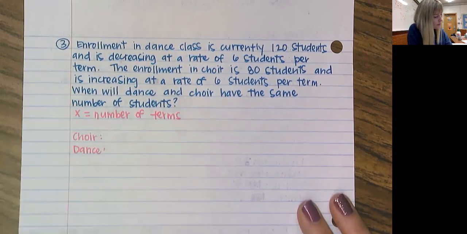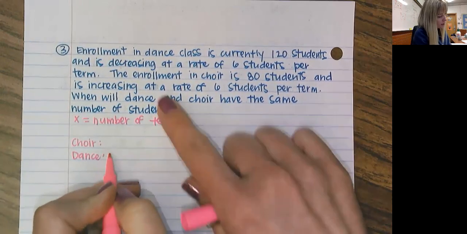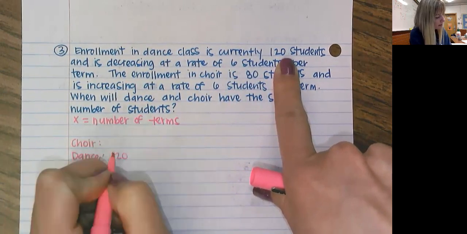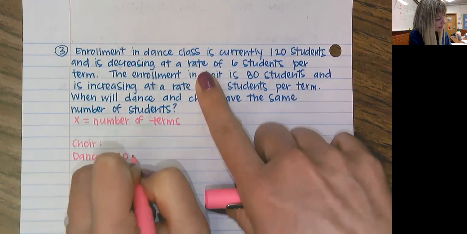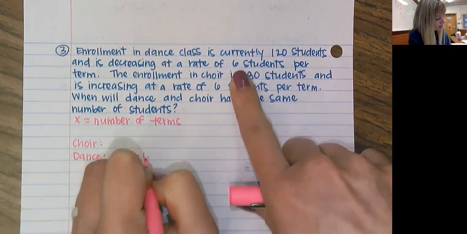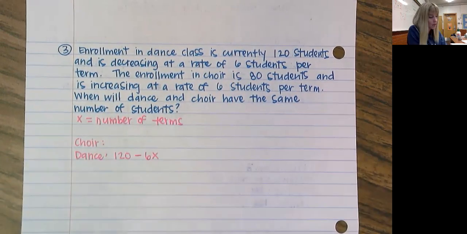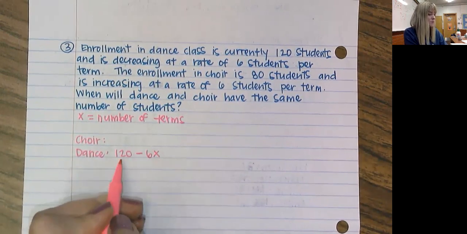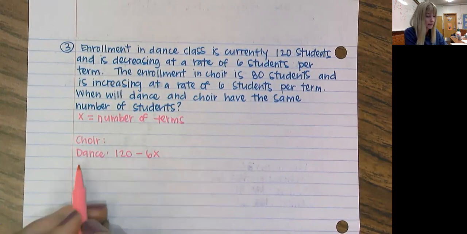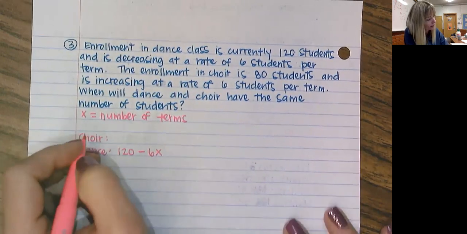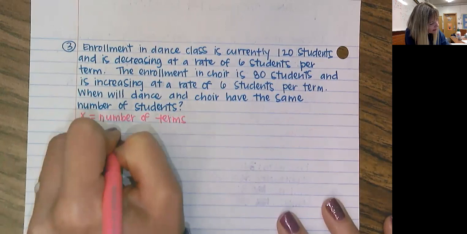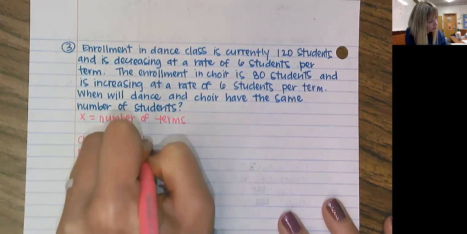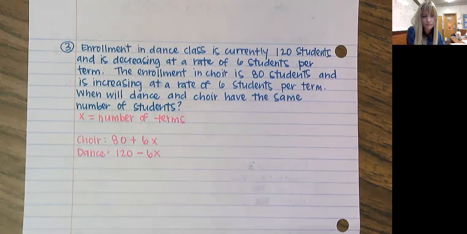I guess the story mentions dance first, but enrollment in dance class is currently 120 students and is decreasing at a rate of 6 students per term. Has 120, it's decreasing, so I did subtraction. 120 minus 6x is an expression to represent dance class. Choir currently has 80 students and is increasing at a rate of 6 students per term.